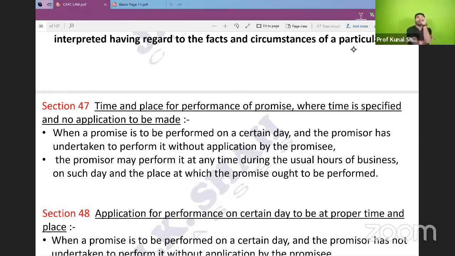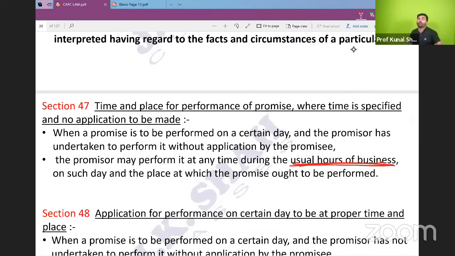But on 10th January, at what time should I perform? Morning 4 o'clock? Afternoon 4 o'clock? Midnight 3 o'clock? The time is not specified. The law says when the day of performance is specified, but the time is not, then on that day you have to perform during the usual hours of business.